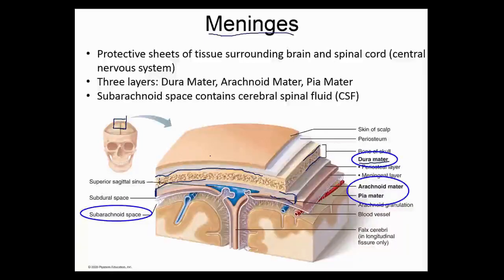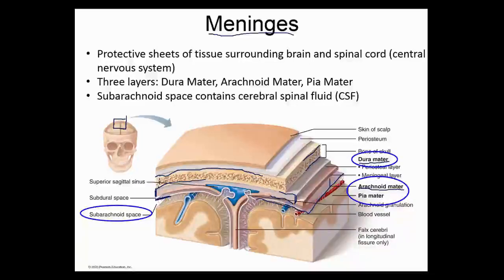The next layer, kind of this middle layer, is a little bit thinner, much thinner than the dura mater. It's called the arachnoid mater. This is going to be this layer around here. You can see that sheet there is called the arachnoid mater.